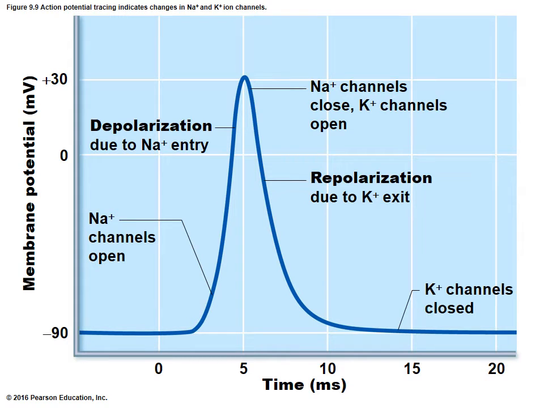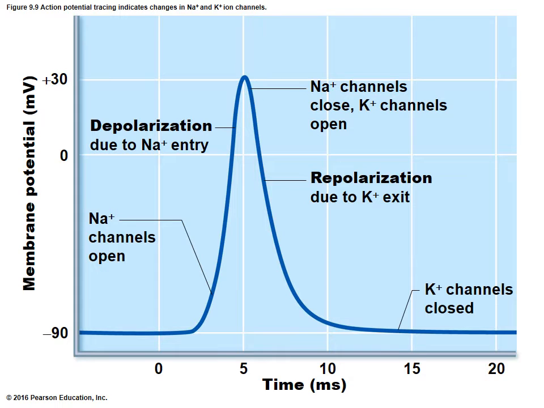In our case, we're looking at the sarcolemma of our muscle fibers. And what we're seeing is if you want to excite the membrane, you're going to be doing depolarization, and that is due to the sodium channels being open, and sodium flowing into the cell. At a certain point, you will peak. That is when you have the height of your action potential.